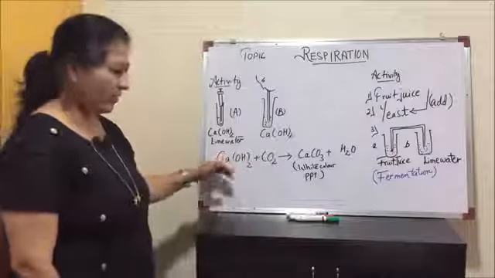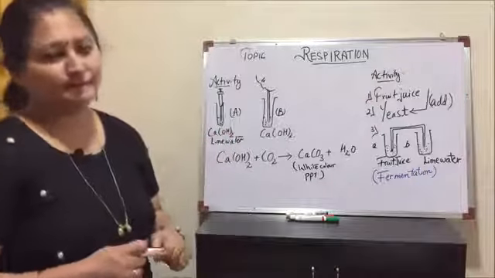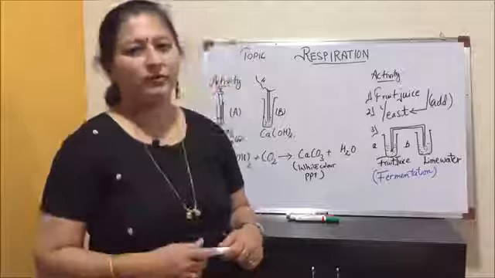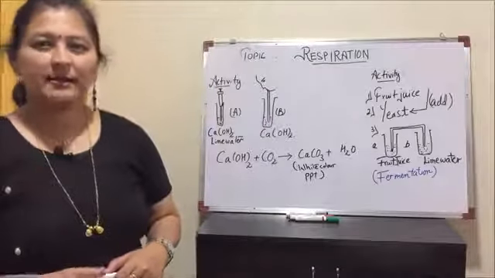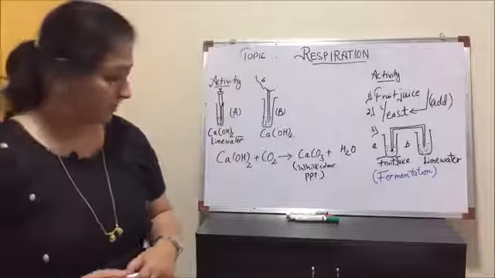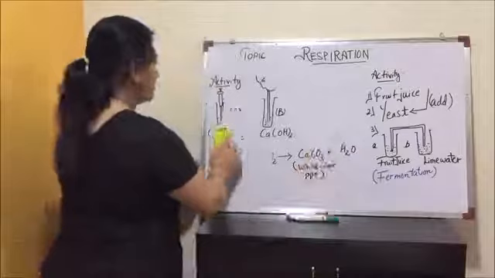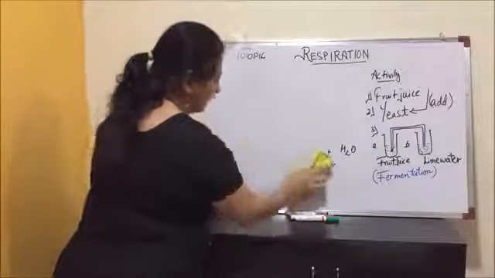Now coming to the first point, how come carbon dioxide is present in the blown air of a person? From where has this carbon dioxide come? To answer this question, we have to go to the first topic, that is nutrition.